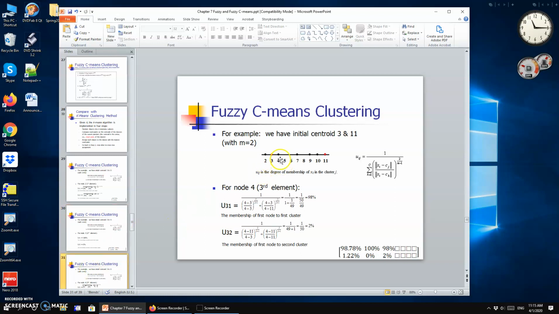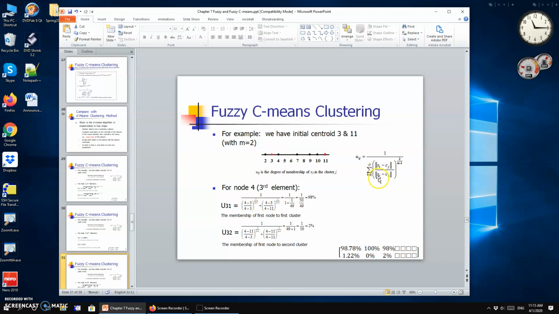For node number 4, which is our third node, we try to calculate U31 and U32. For U31, the value of node 4 minus the first cluster, which is 3. You can see 4 minus 3 over here.